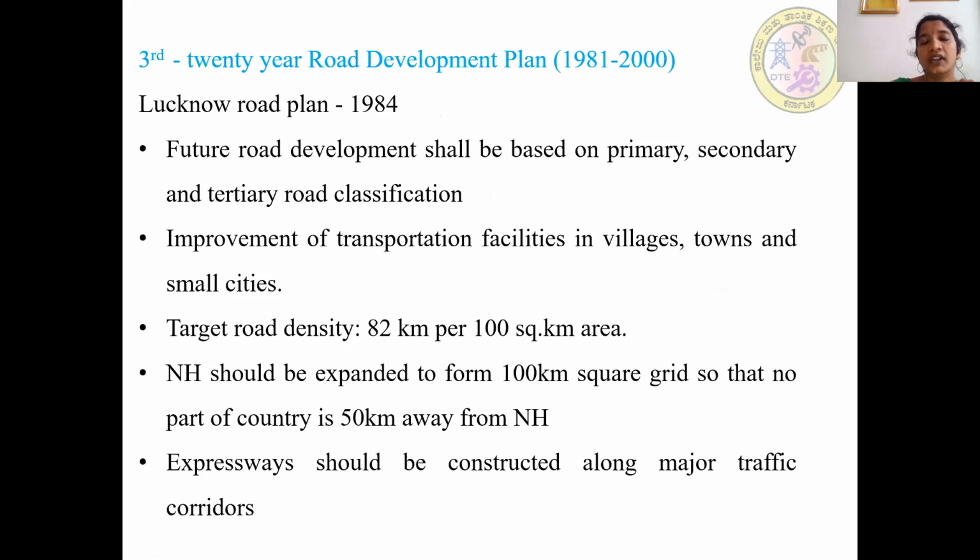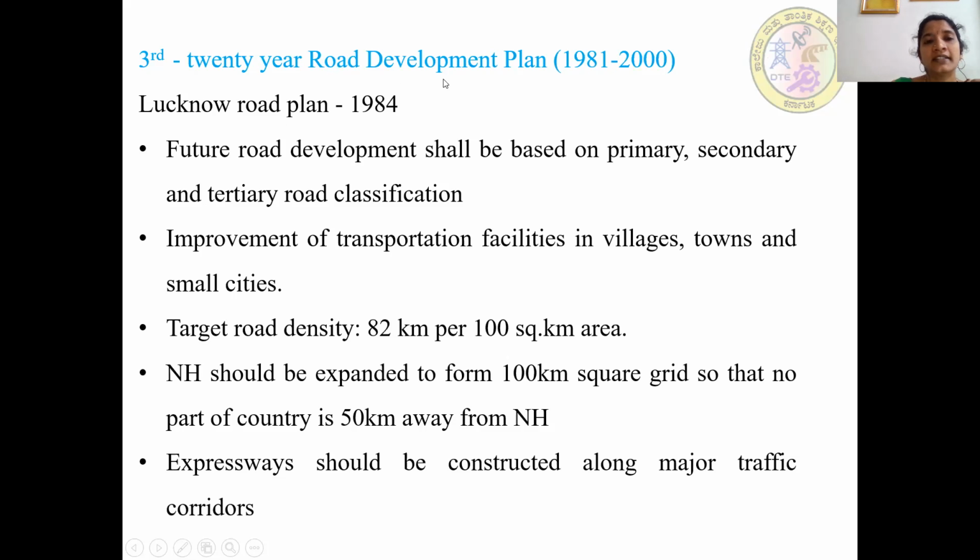Okay. So the next topic is the third 20-year road development plan. This plan is also called the Lucknow plan, and it was developed in 1984, and the period is from 1981 to 2000.